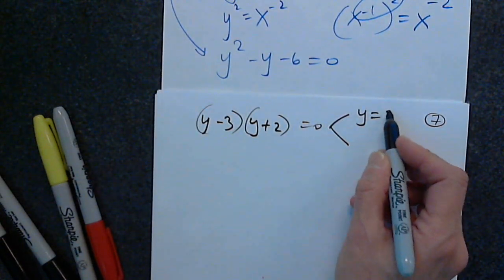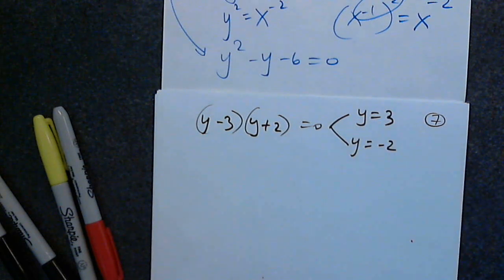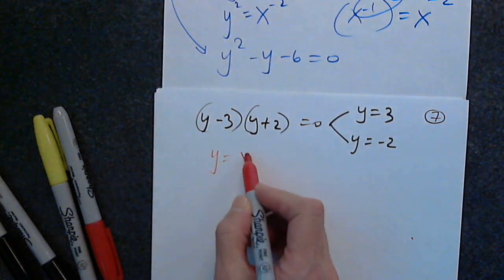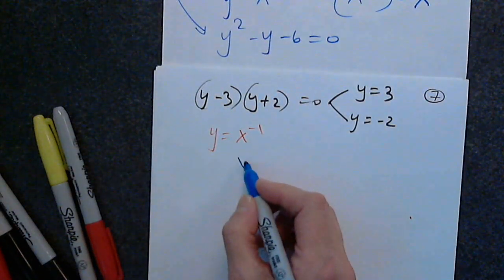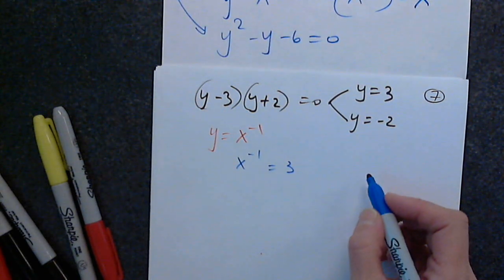And we have two options. But also remember, these options are for y. We have to solve for x. I have to go back to our substitution. We said that y is x to negative 1. So what do I write? Yes, so x to negative 1 equals 3, and the other option?